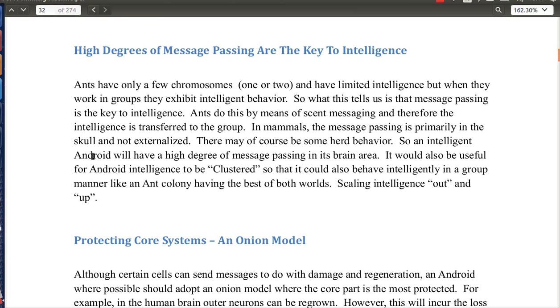Another important concept in this document is, I talk about a human being comprised of messages and message passing, and I say, oh, that's the key to intelligence, and maybe it's not terribly obvious why that is the case. So later I describe the way, say, ants work.